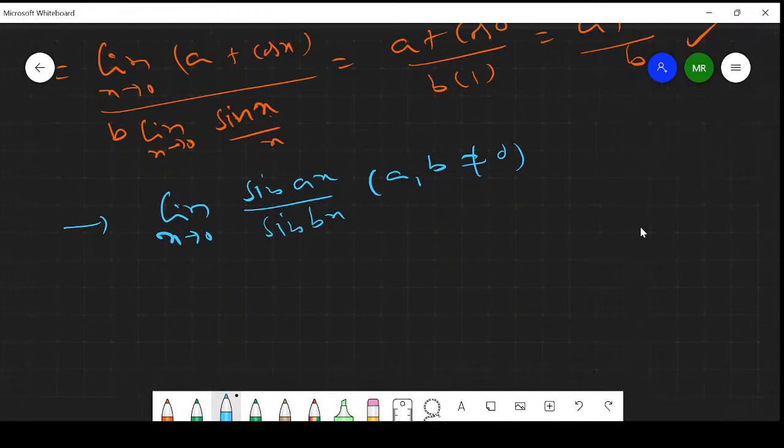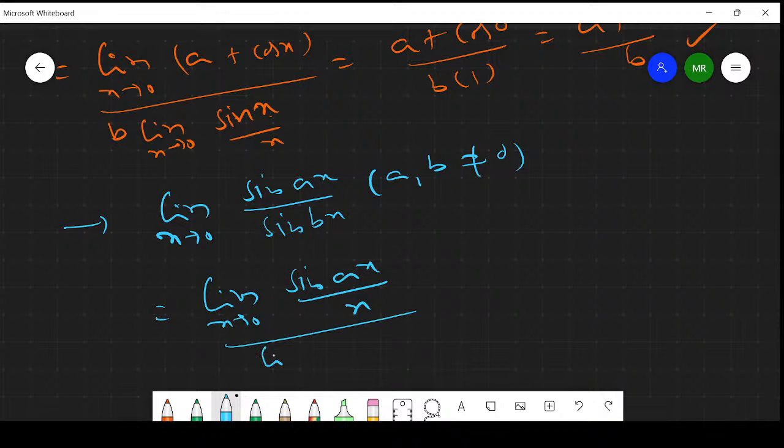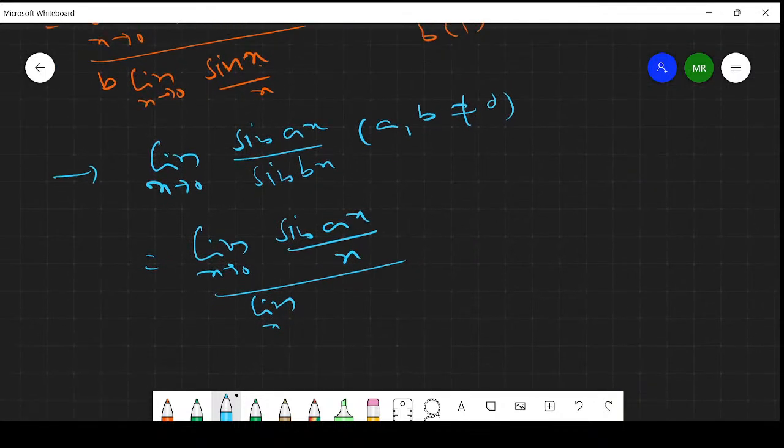See, in this problem I can write limit x tends to 0 of sin ax by x, divided by limit x tends to 0 of sin bx by x.